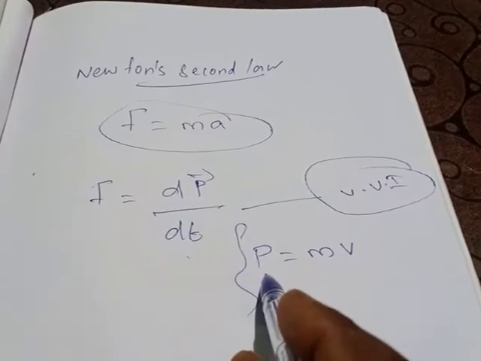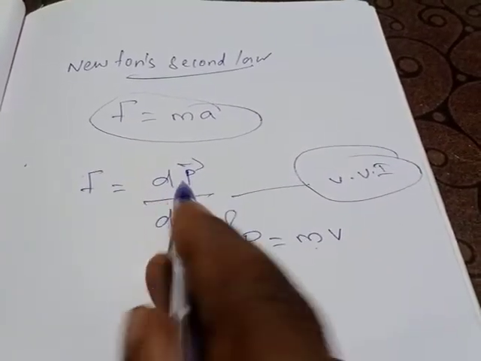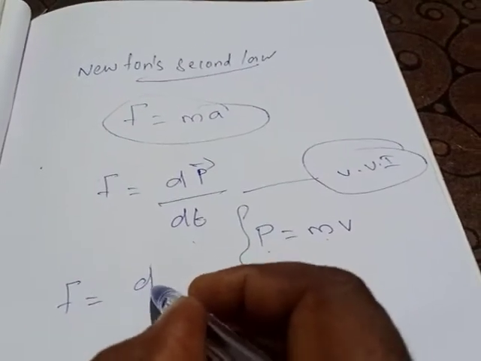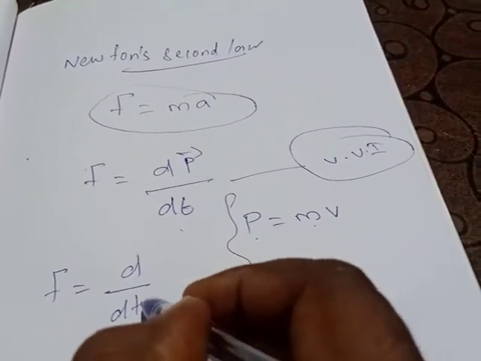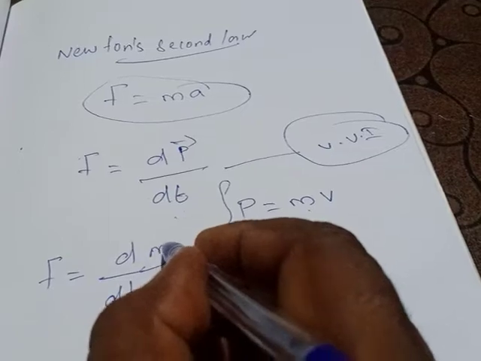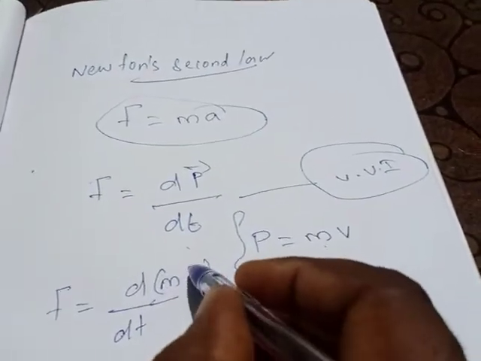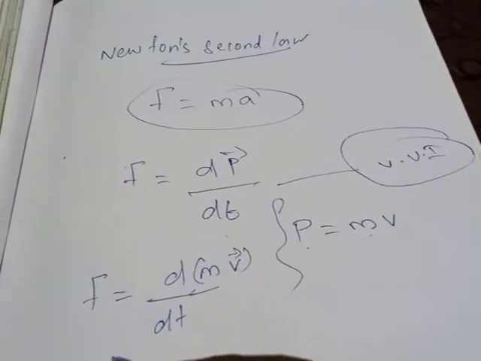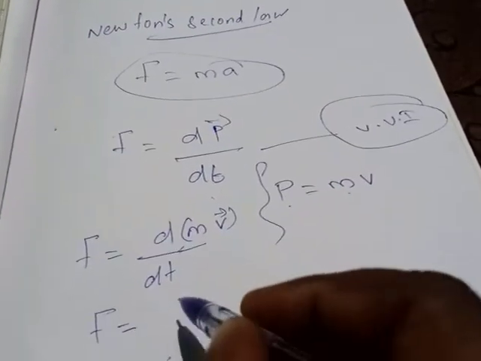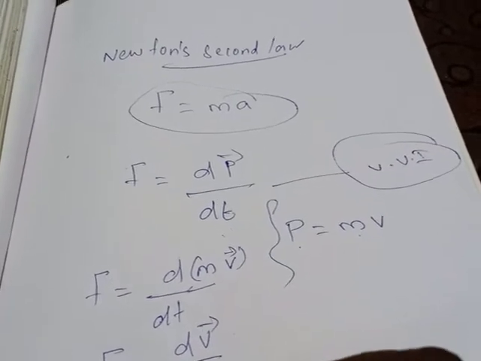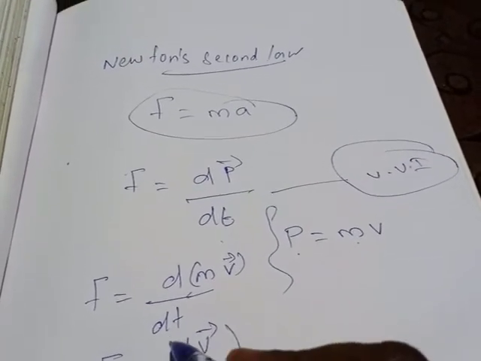If you apply P is equal to mv to this equation, we get F is equal to d by dt of mv. From this you can write F is equal to m dv by dt.